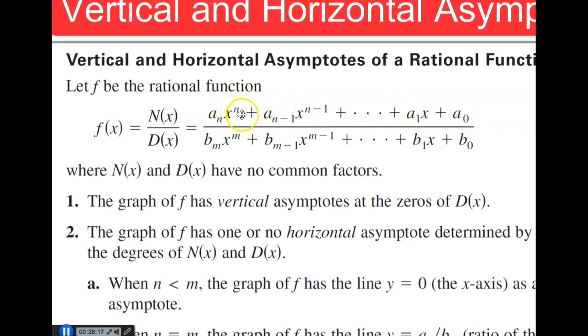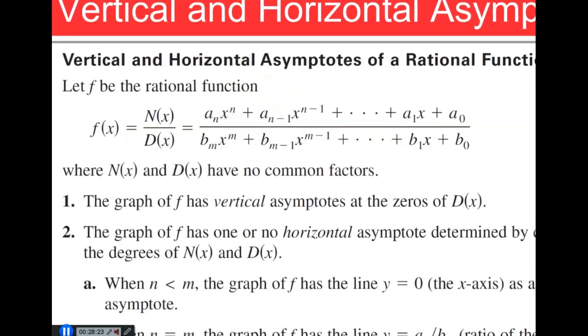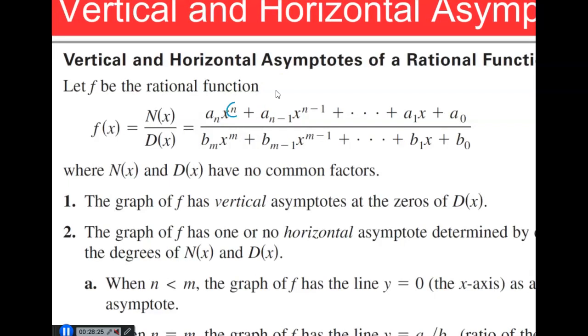N is considered to be the biggest exponent, so the degree of this one is n. And the leading coefficient is going to be a sub n. That will be a number. The subscript is just a label to tell us that's the coefficient of the leading term, which is x to the n.